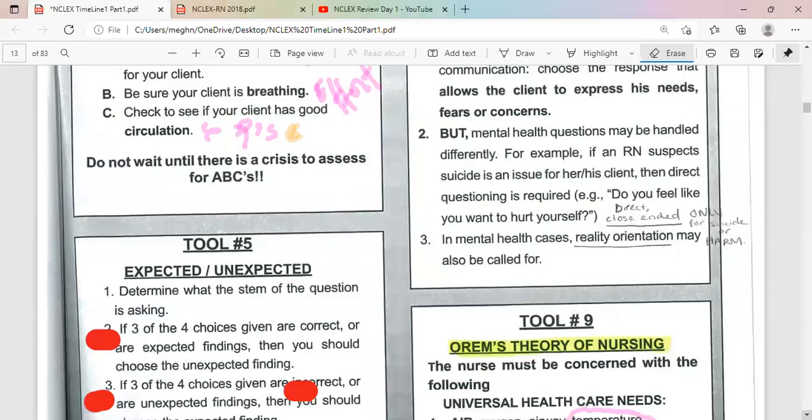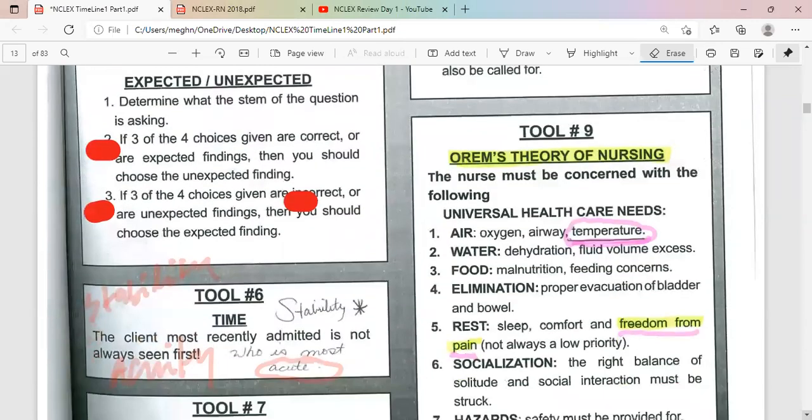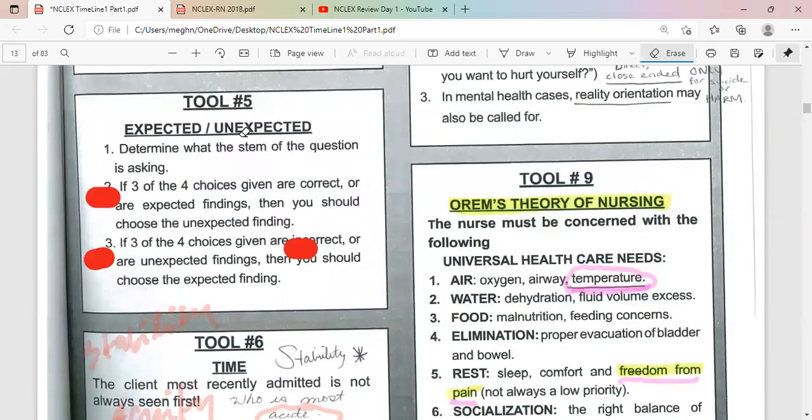Also, your eye contact, your body language, and your movement are all important and all part of therapeutic communication. The next tool here is talking about expected and unexpected outcomes.